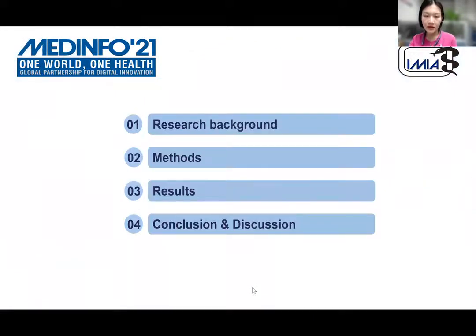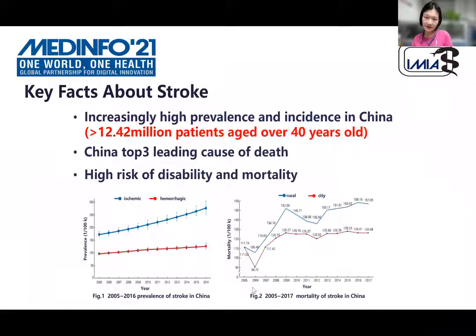First, let's learn some key facts about stroke. We all know that stroke has become one of the top 3 leading causes of death in China. It has an increasingly high prevalence and incidence, with over 12 million patients aged over 40 years old.